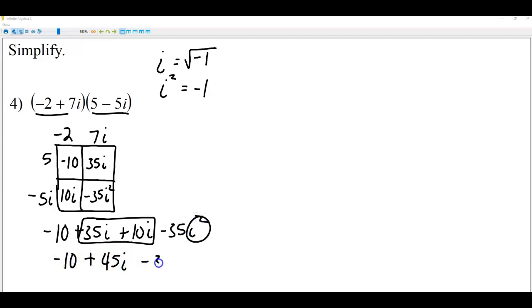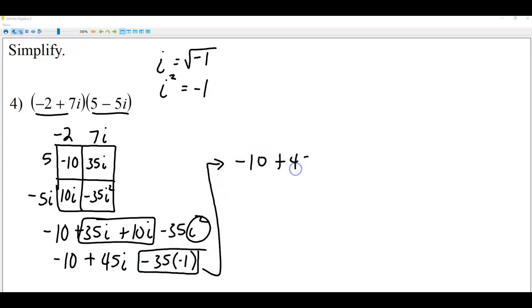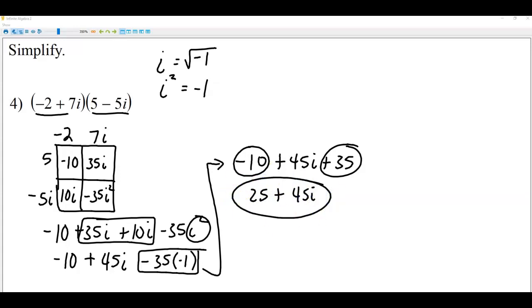This is equal to -1. And so when I multiply that by the -35, it becomes a +35. And then we can combine these two together because they're both just real numbers. And so -10 plus 35 is 25. My final answer then would be 25 plus 45i.